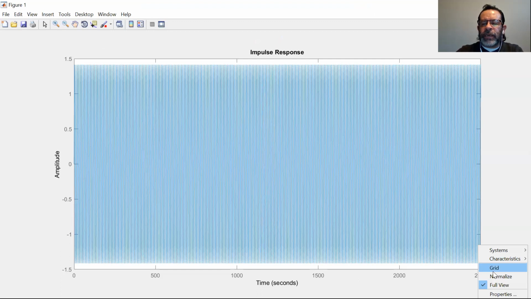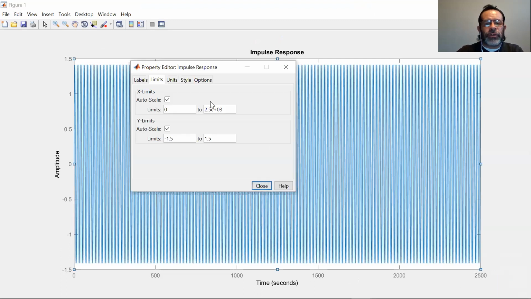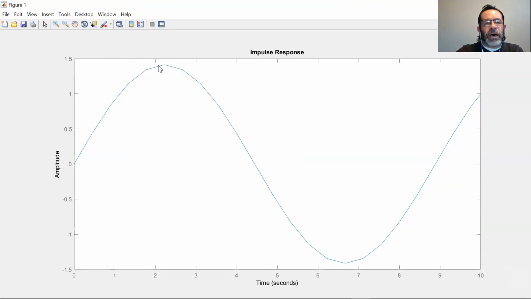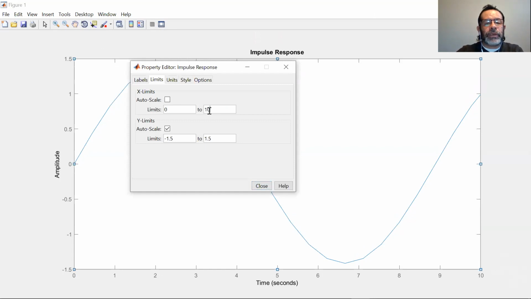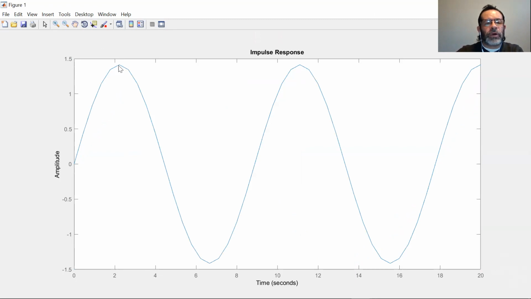When the spring is weaker than the first reference, now it's going above the 1 that was the original reference. Now it's going close to 1.41 approximately. And we have a longer period here. Let me put this at 20. We have an even longer period now. And so we see the effect of making the spring weaker or stronger, depending on the system.